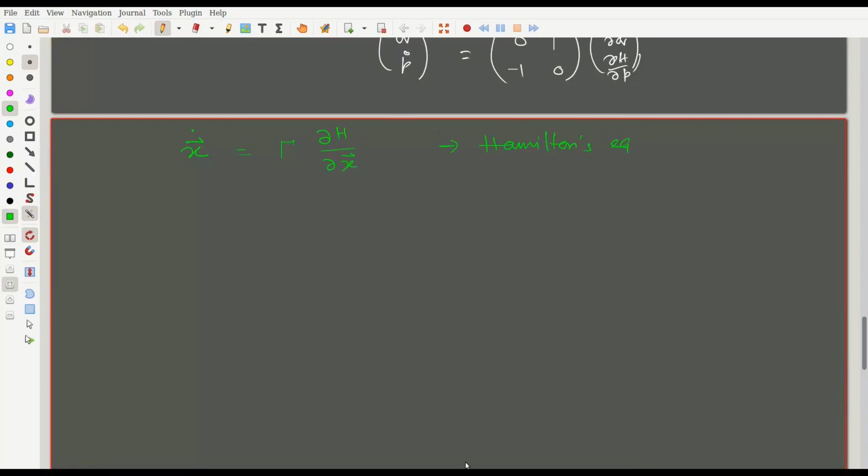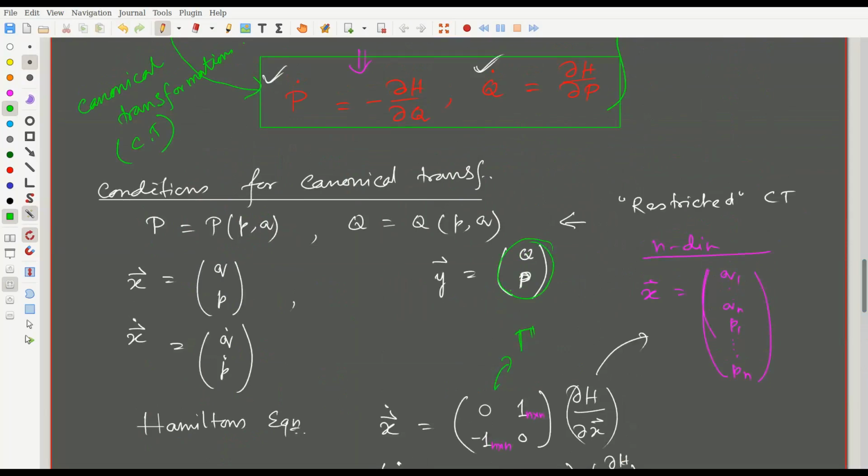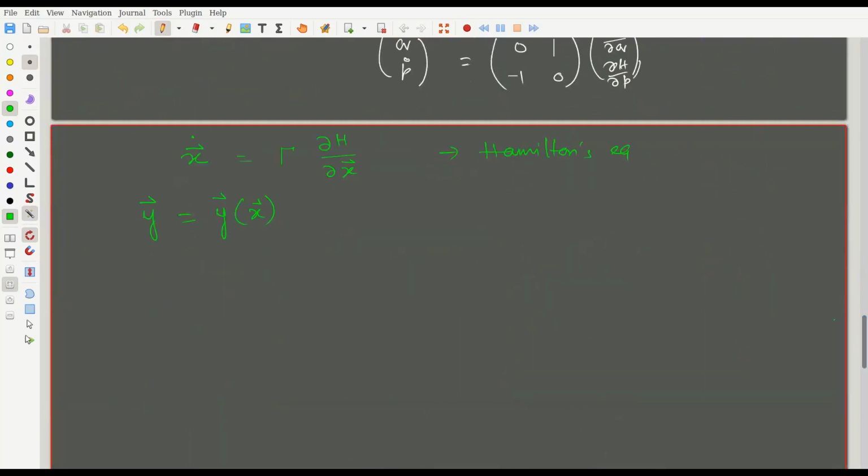Now let us see what will happen if I change my coordinates and momentum. Now I have defined y, and y is a function of x, because remember, y is my new coordinates, and the new coordinates are functions of the old coordinates.